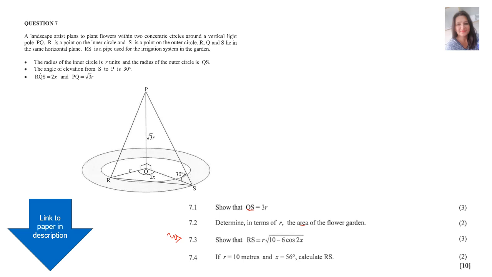So, take a deep breath, focus, and give it your best shot, because if you couldn't do 7.3, then at least there's 2 marks for you where you can substitute in R's place 10 and in X's place 56 degrees and work it out with your calculator. But let's do the question now from the beginning.